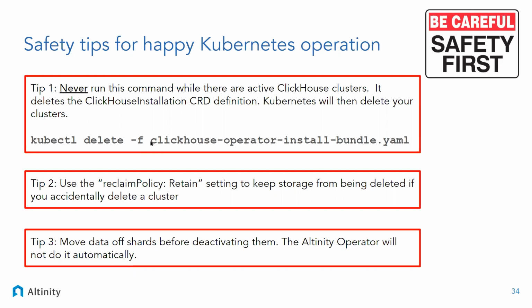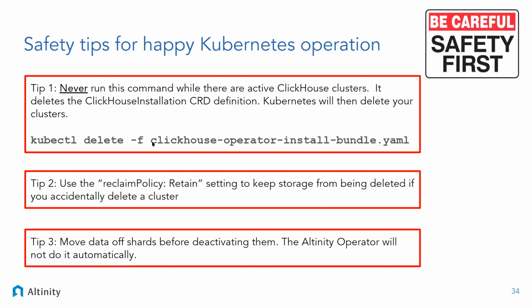Why is that? Well, the problem is that inside this bundle, there's the custom resource definition. It is global across the entire Kubernetes cluster. And what will happen is when you take that CRD away, Kubernetes no longer knows what to do with the resources it's got out there.